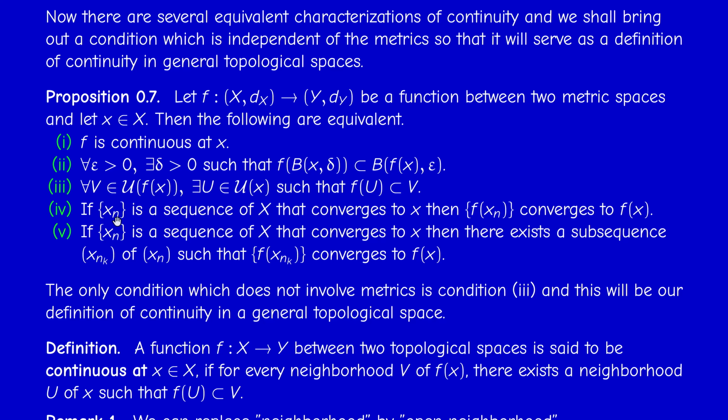Now, what if we consider this condition 4? Xn converges to x implies f of xn converges to f of x. This is a very important condition, but it's equivalent to continuity in metric spaces or in metrizable spaces, but it's not equivalent to continuity in a general topology between general topological spaces. So this condition 4 is called sequential continuity.